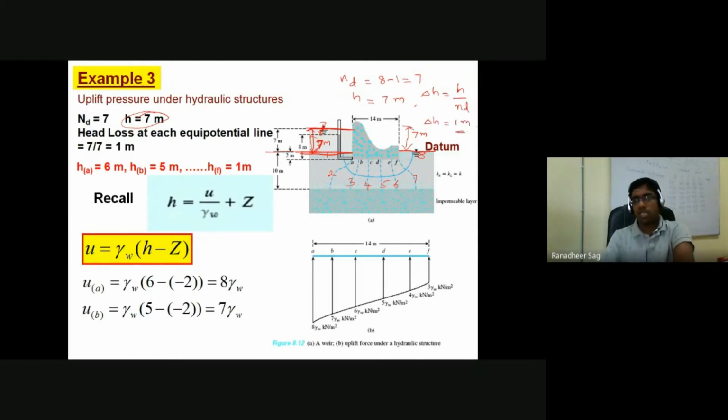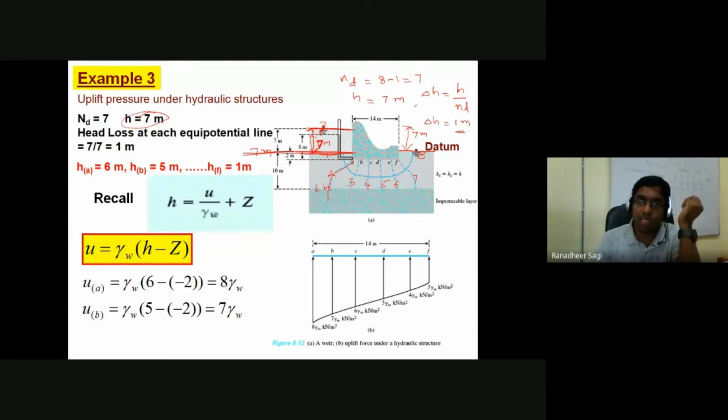Once I understand my delta H is equal to 1 meter, let me go ahead and find the total head values corresponding to the different equipotential lines in this flow net diagram. The total head corresponding to this equipotential line was 7 meters. For this equipotential line, the corresponding total head value is 7 minus delta H, which is 6 meters.